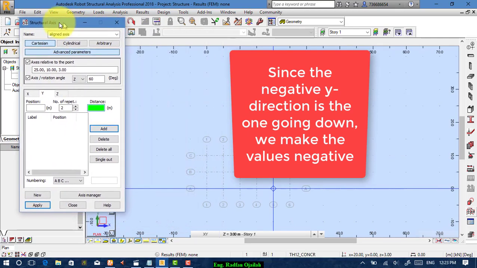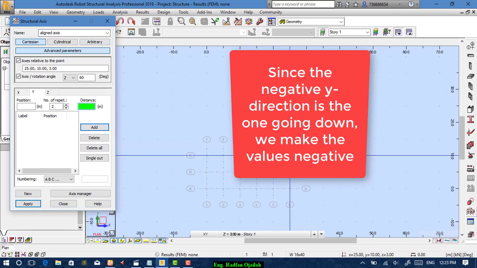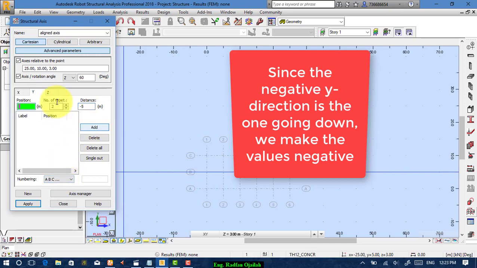This is very important, so pay attention to that. The distance, we are moving in the y-axis down, in the downward direction. That means it's negative, -5. And the labels ABC, and add.